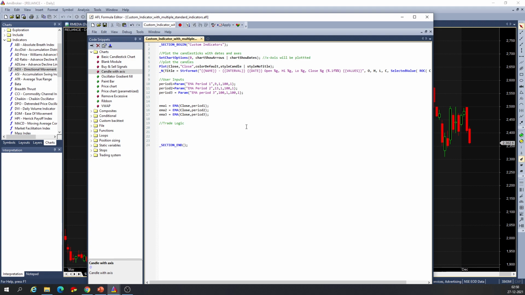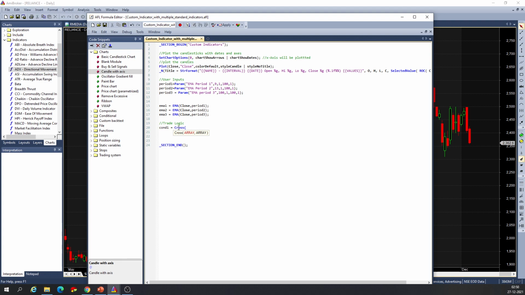In order to create a custom indicator, let's divide this into different conditions. We'll have condition 1 as the first variable, which we'll finally be using in the trade logic. So condition 1 is Cross. Cross is a function.